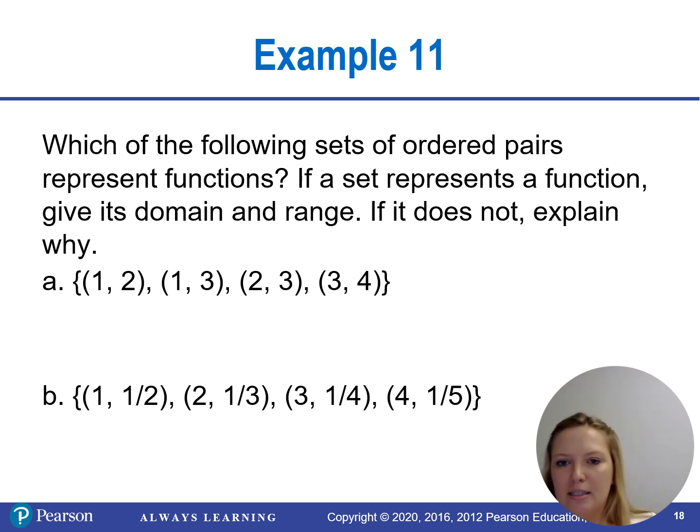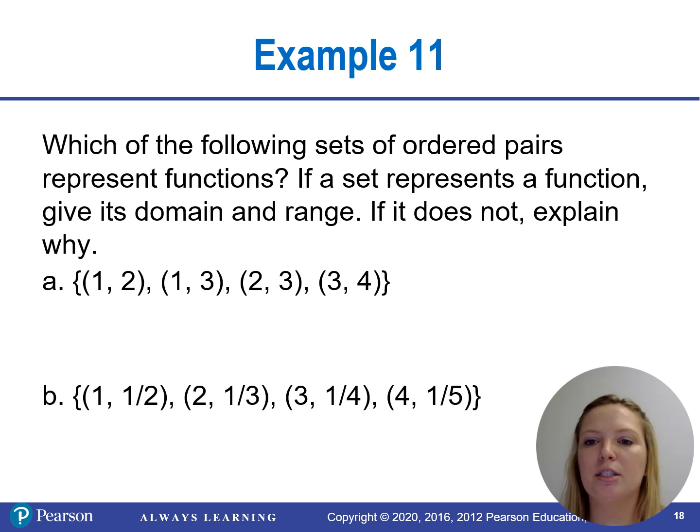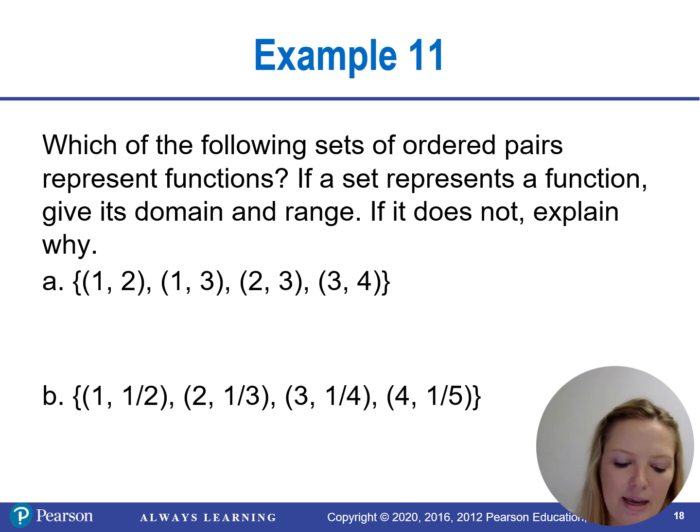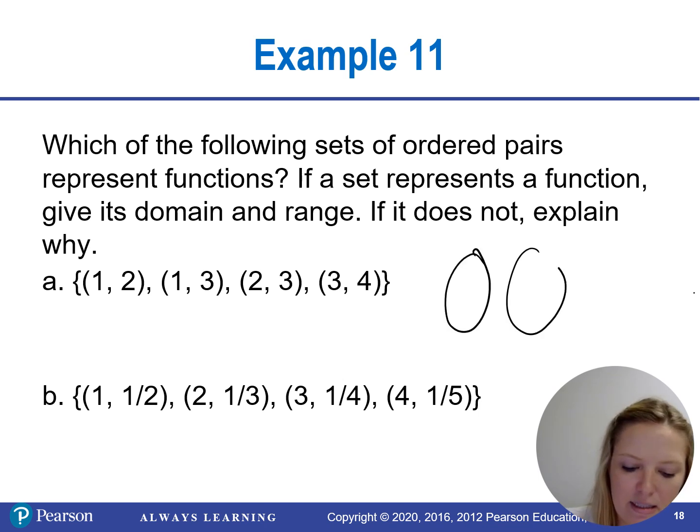So we can look at sets of ordered pairs to determine if they represent a function or not. If they do, then we can also identify the domain and range. In this case, if I think about this as values, then I have 1, and 1 maps to 2 in my first ordered pair.